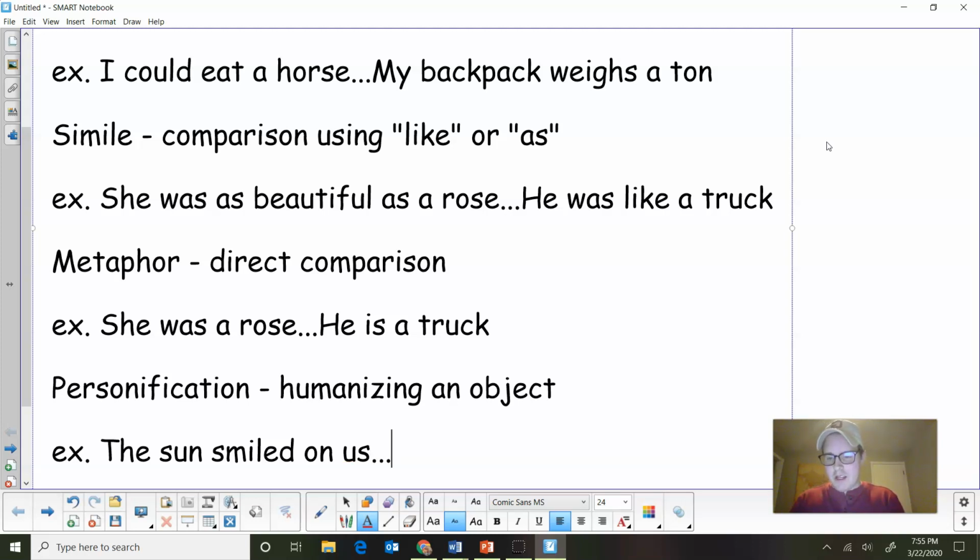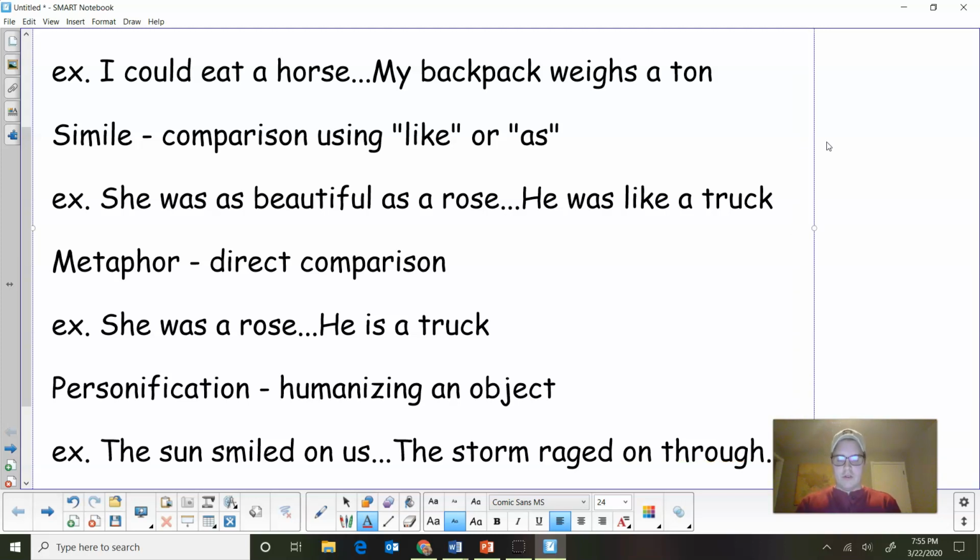How about the storm raged on through the night. All right, the storm can't get angry, it can't feel emotion like humans can. So the storm raged is an example of personification.